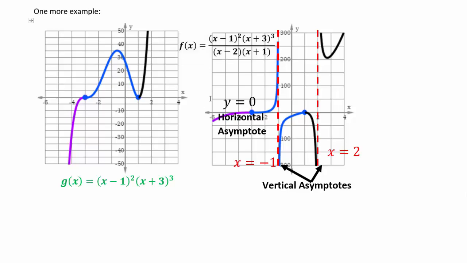However, x equals 2 and negative 1 are going to create vertical asymptotes. And then when x is below negative 3, the denominator is negative times negative, so positive, which means dividing by a positive number is not going to change the shape. So it's still going down.